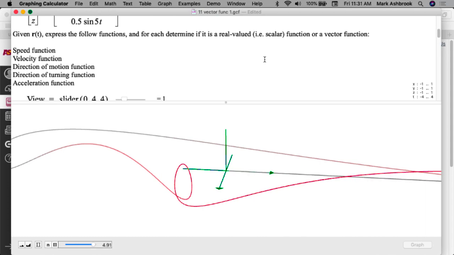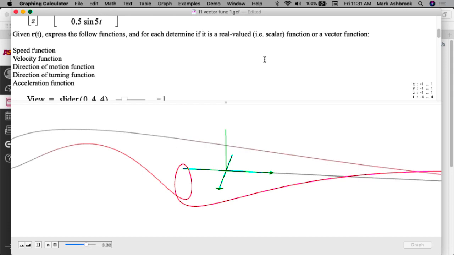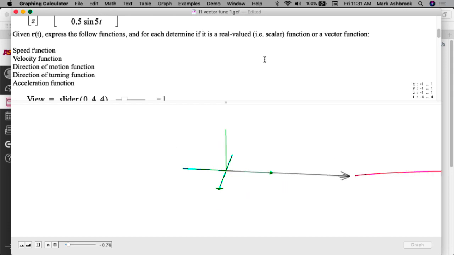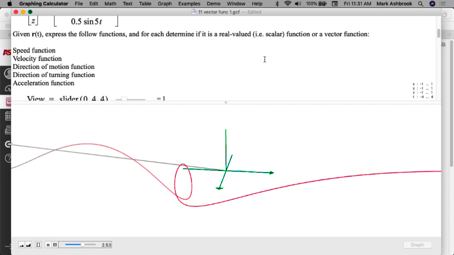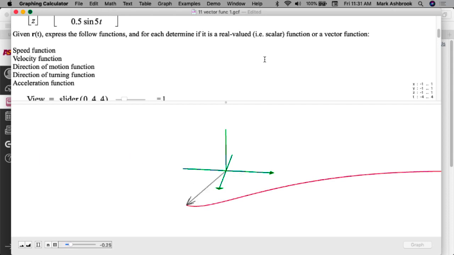Dependent, right? With vector valued functions, the vectors are what comes out. For a given value of t, we get vectors. So a real valued or scalar function is when the output is a real value, versus a vector function, which outputs vectors.